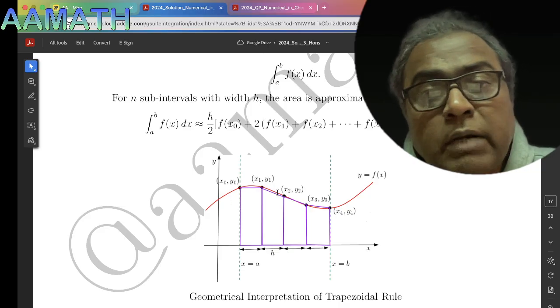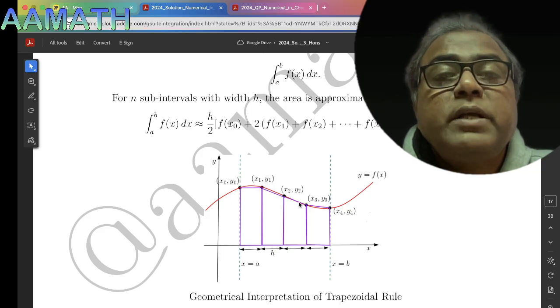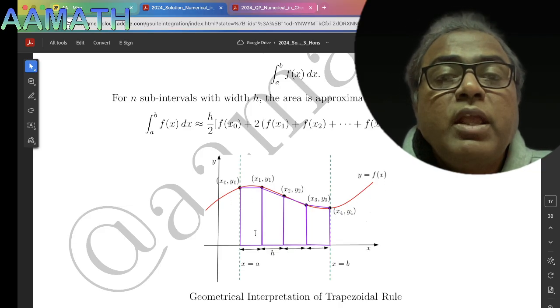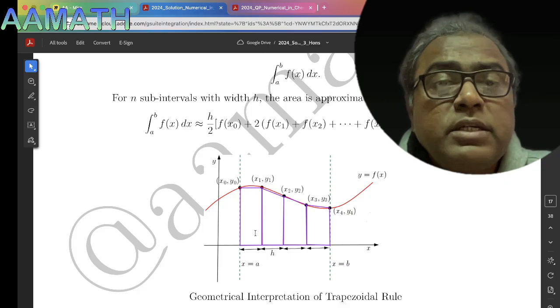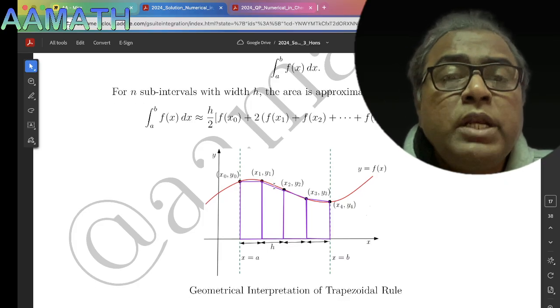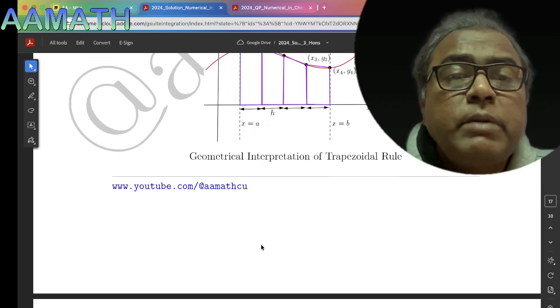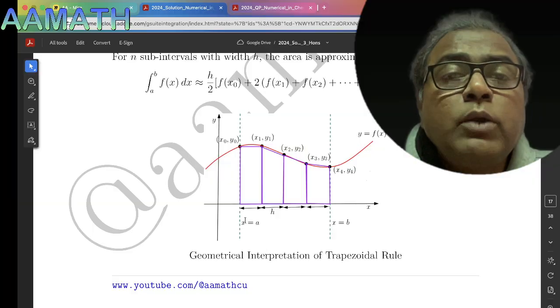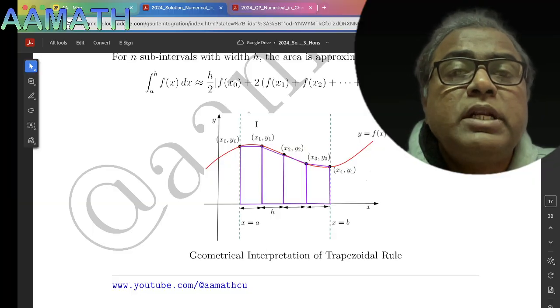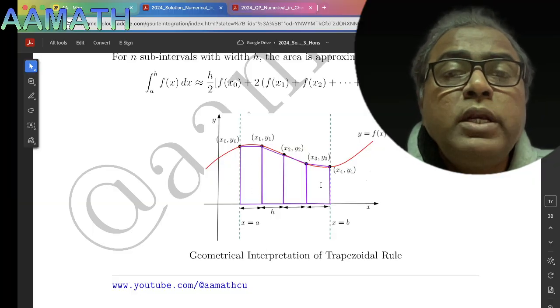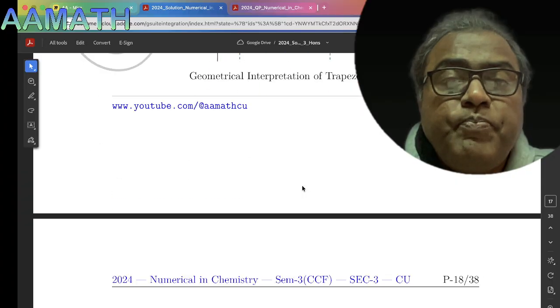The exact curve, the red curve, is y equal to f(x). But for this approximate numerical integration by the trapezoidal method, we construct a trapezium on each subinterval. Next we calculate the area of these subintervals and sum all these areas of the trapeziums.